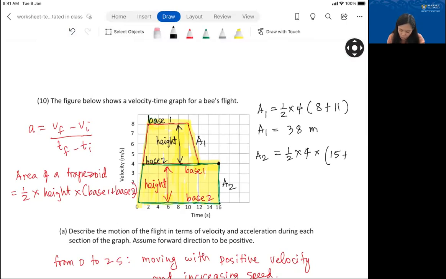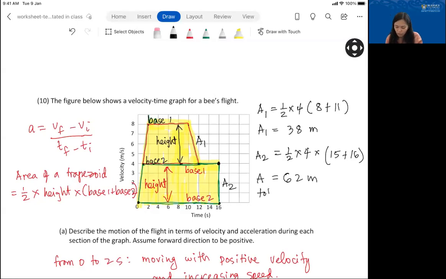And then base 2 goes from 16 seconds to 0, so that will be a base of 16 seconds. Doing the calculation, 15 plus 16, that's 31 times 4 times 1/2 gives you 62 meters for the area of trapezoid 2.